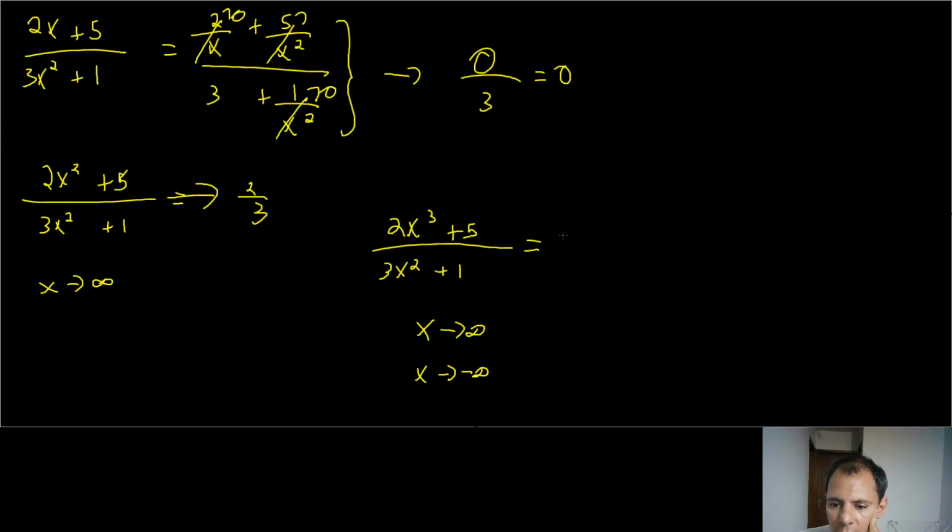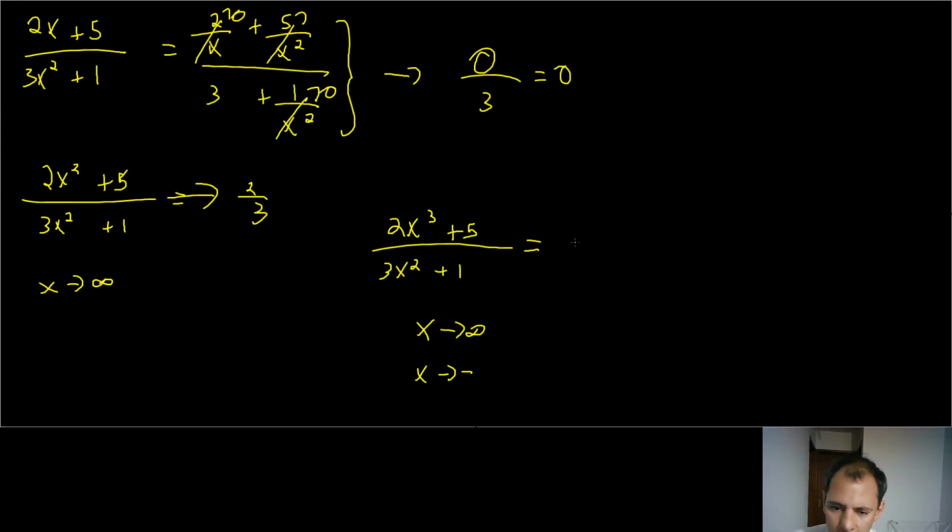So you have negative infinity cubed, negative infinity, times 2, negative infinity.